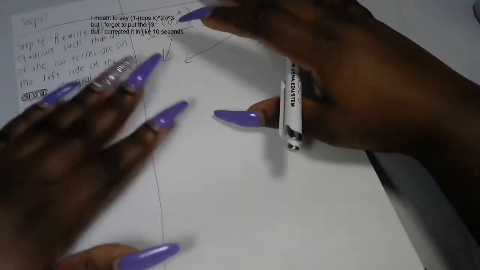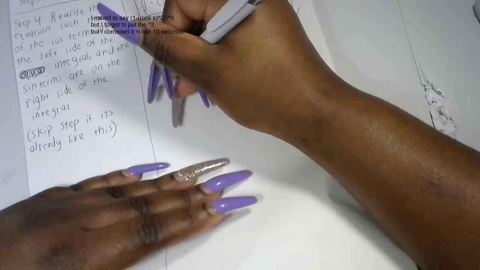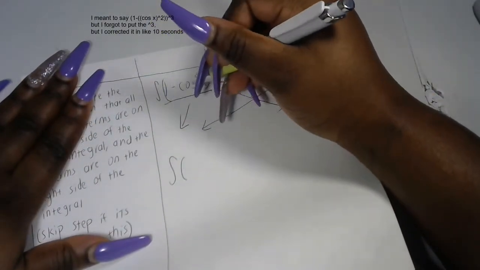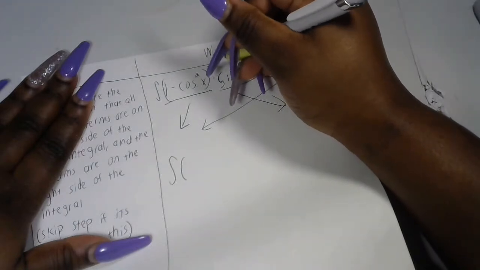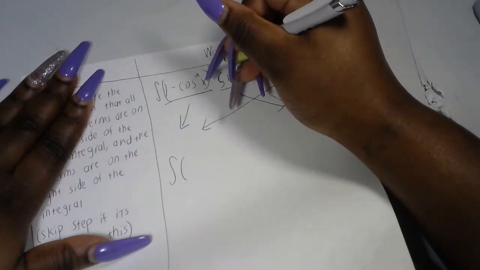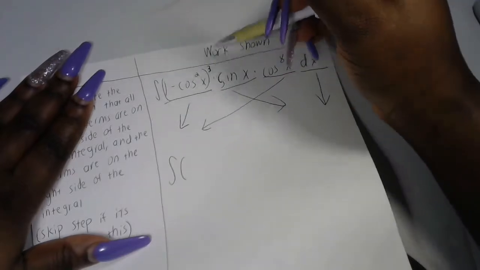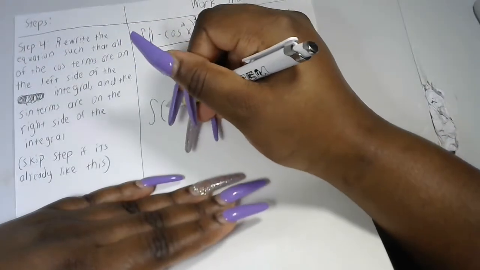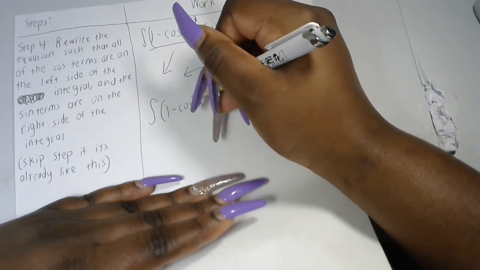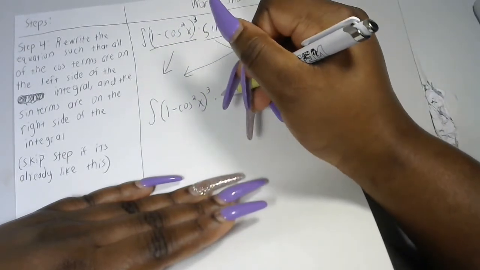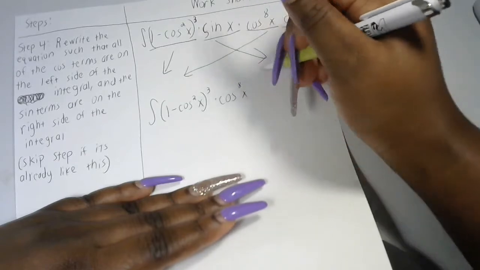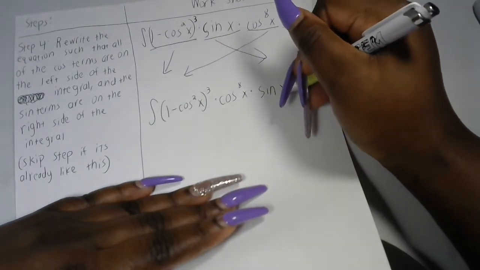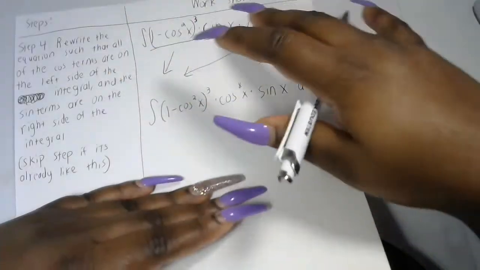So we're going to rewrite that as the integral of, oh, sorry, this is cubed. 1 minus cosine x squared cubed, my bad, y'all. So we're going to rewrite that as 1 minus cosine x squared cubed times cosine x to the 8th times sine x dx. This just pretty much helps with the math later.